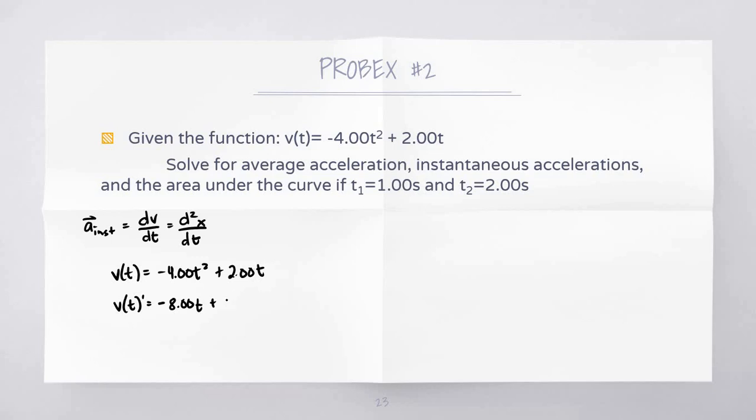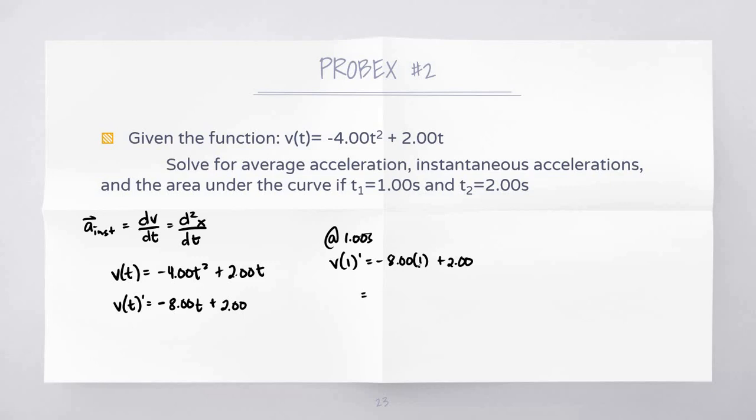So 2 times 1 is obviously 2. But since we've already subtracted 1 from the exponent, we're left with 0, so the variable is eliminated. The v prime of t function is negative 8t plus 2. So to solve for the instantaneous acceleration at 1 second, v prime of 1 is equal to negative 8 times 1 plus 2.